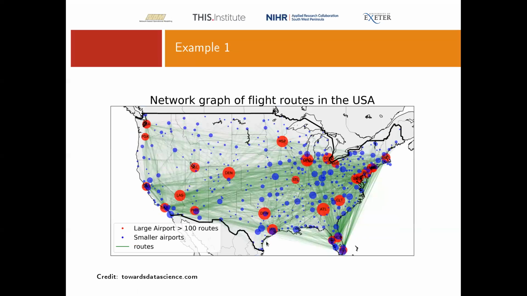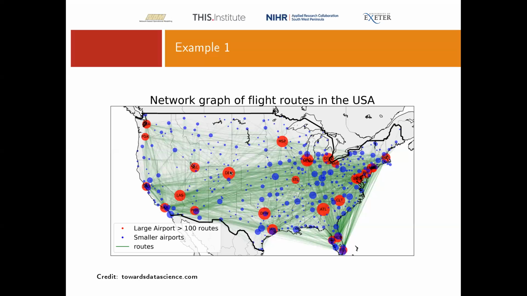So here is an example of a network graph of the flight routes in the United States. These are domestic flight routes, and your airports are marked as what are the nodes, and we'll come a bit more to this terminology in a minute. Our red dots are our large airports here, and the blue dots are our smaller airports.